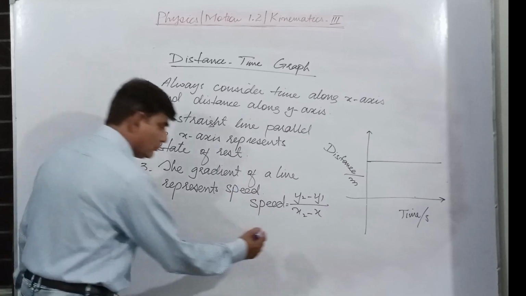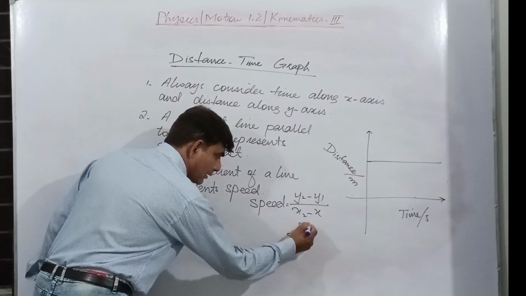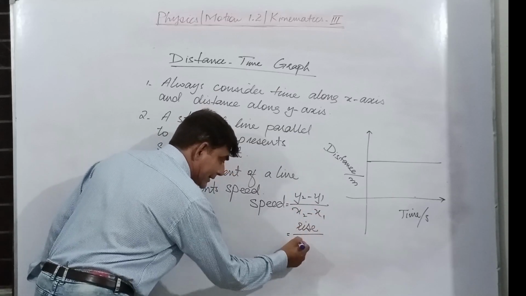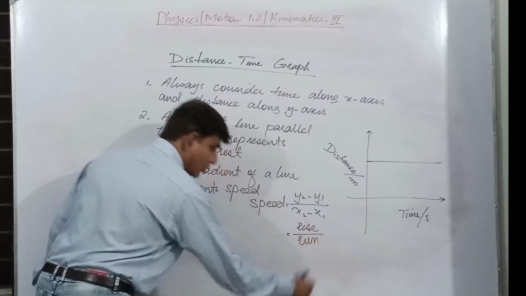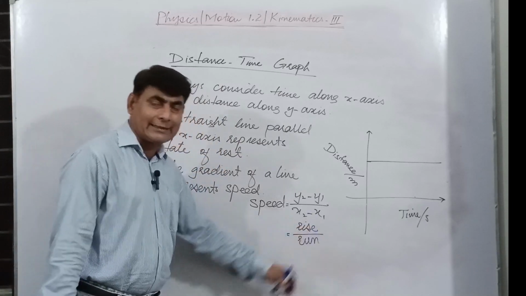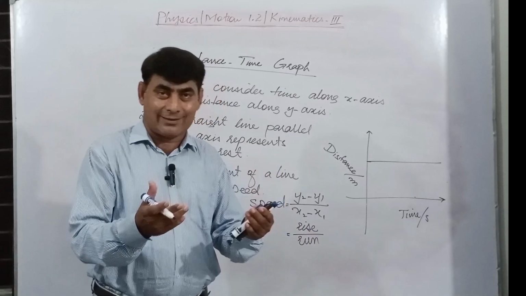We can also write y2 minus y1 as rise and x2 minus x1 as run, so rise upon run, or opposite upon adjacent, if we are able to draw a triangle.